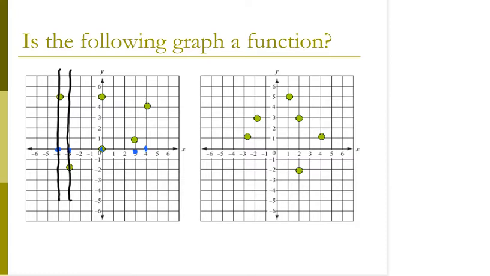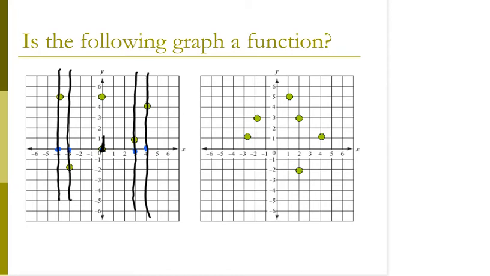But when we get to 0, you'll notice that when we draw a line, we do intersect one point here, but if we continue the line, now we have another point here.